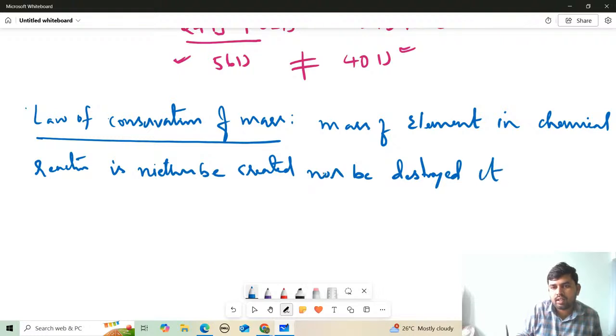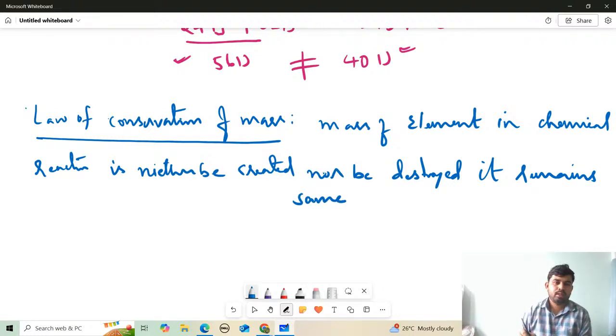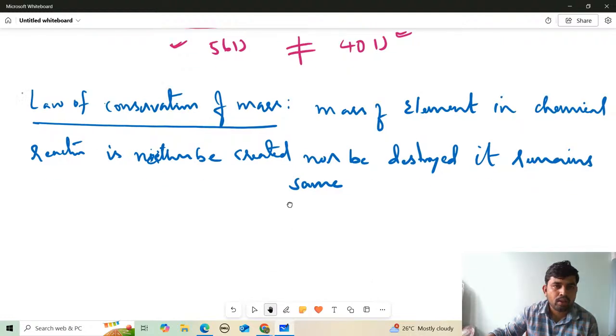It remains the same. This is given by the law of conservation of mass. Okay, and the chemical equations which obey the law of conservation of mass are called balanced chemical equations.